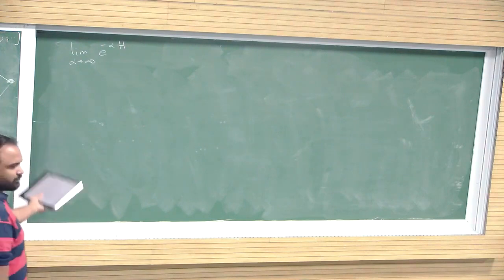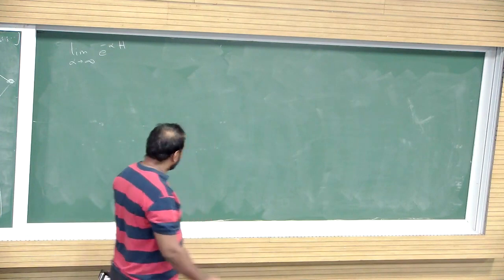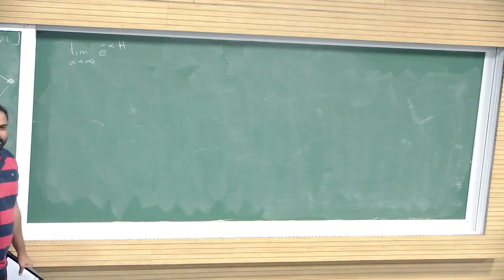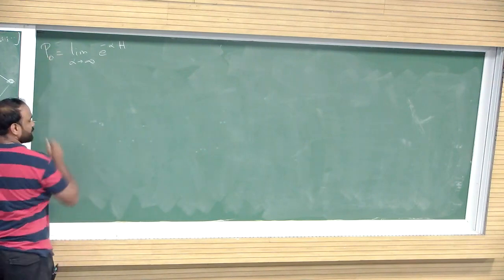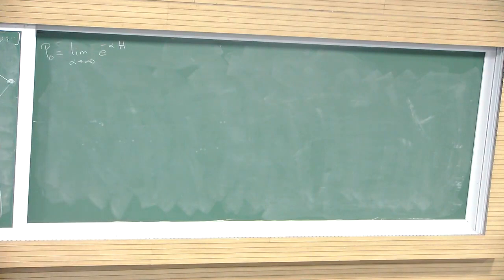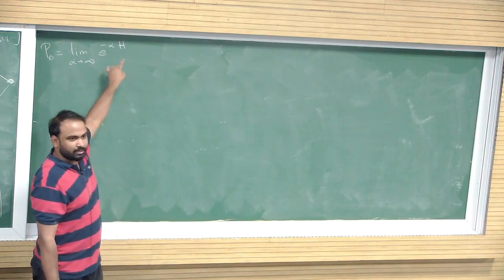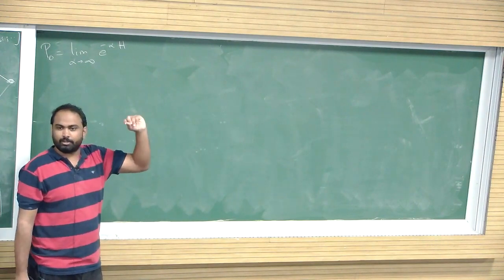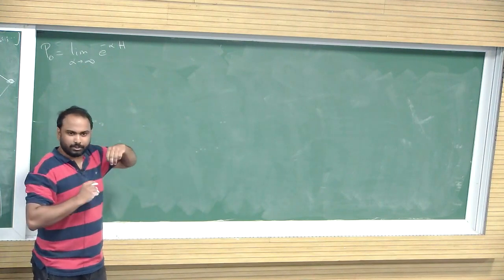It's some number which tends to positive infinity, right? But this object is special because this is the projector onto the vacuum state. So in a sense, the operator only picks up your vacuum state. That's the least energy state that you have.